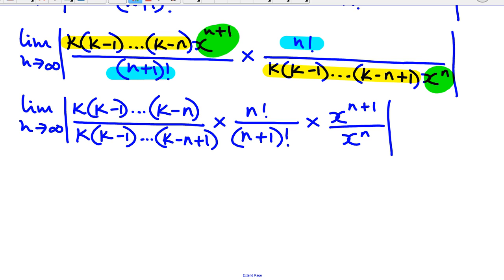Next, the limit as n approaches infinity of, now before you get to k minus n, you have to go through k minus n plus 1.